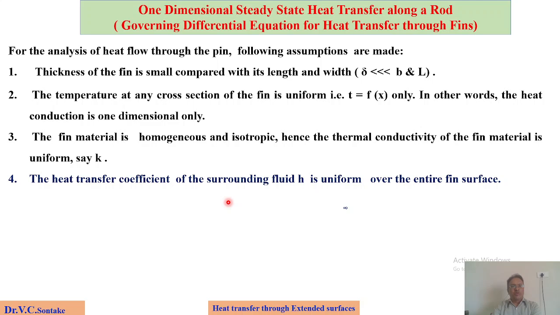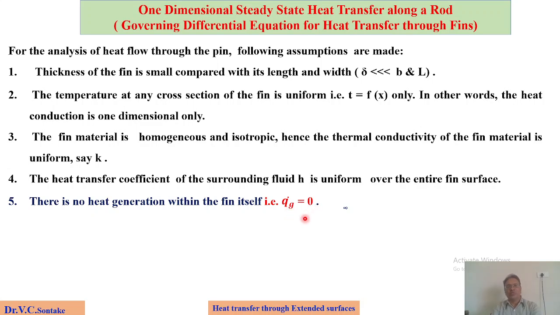The heat transfer coefficient of the surrounding fluid to which the base surface and fin are exposed is uniform over the entire fin surface, and it is considered as h watt per meter square Kelvin. 5. There is no heat generation within the fin itself, that is volumetric heat generation Q dot G is equal to 0.